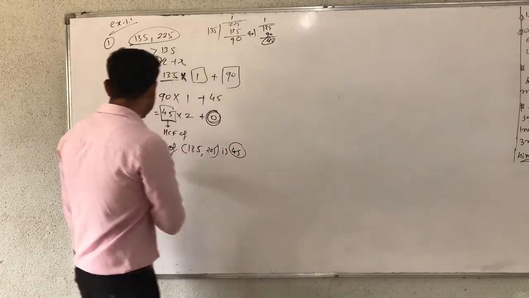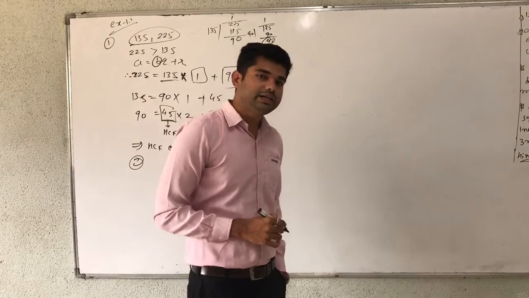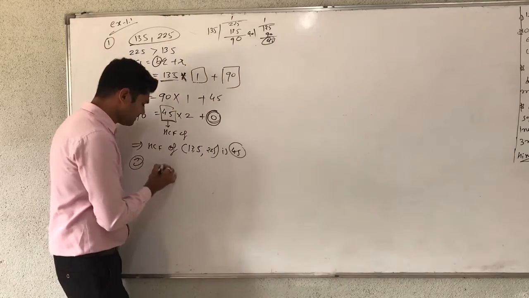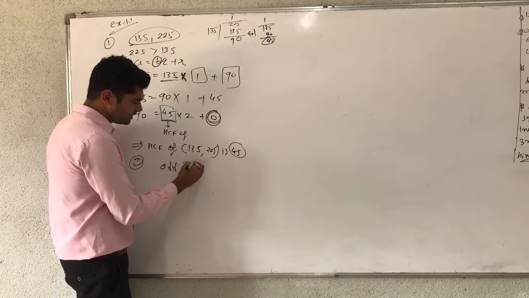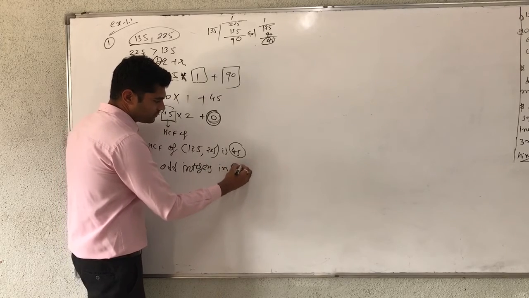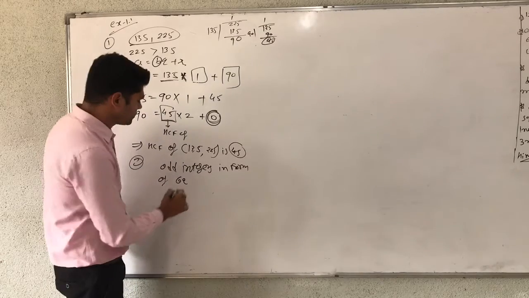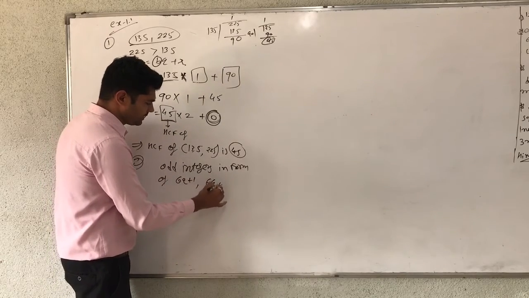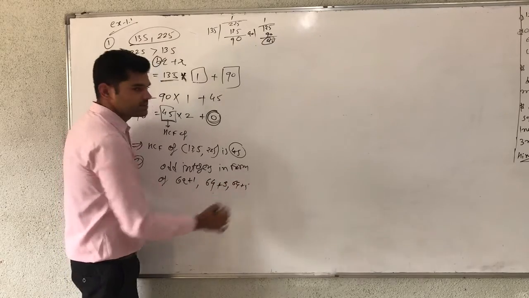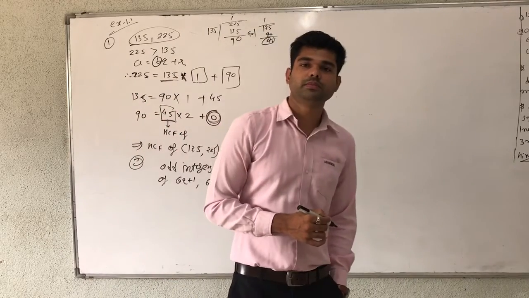Now move on to question number 2. In question number 2 we have to prove the odd integers are in the form of 6q plus 1, 6q plus 3 and 6q plus 5, where q is some integer.